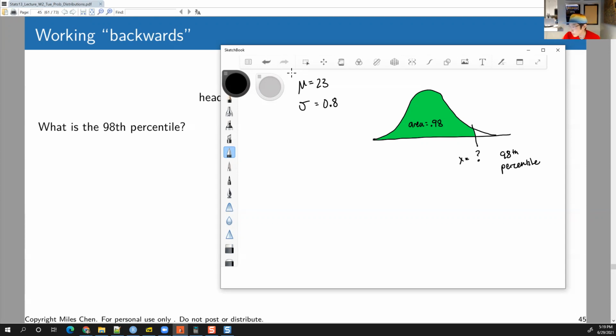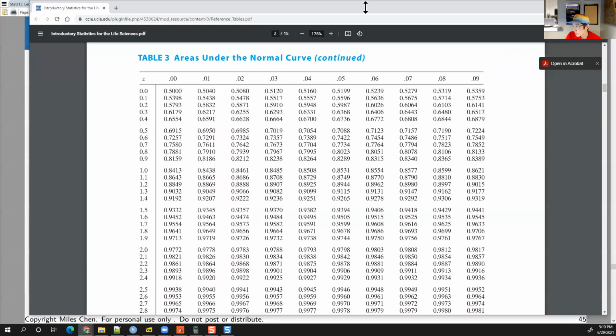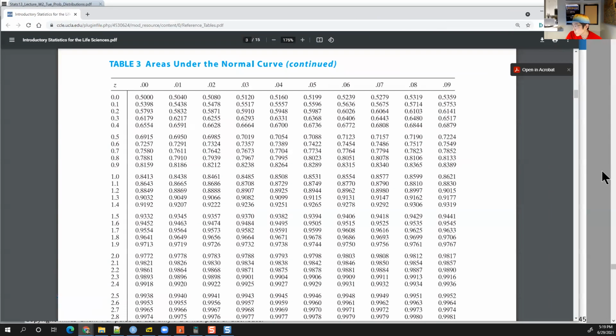Well, first let's figure out what is the Z that goes with the 98th percentile. What we're going to do is go to our Z table, and this is very important.